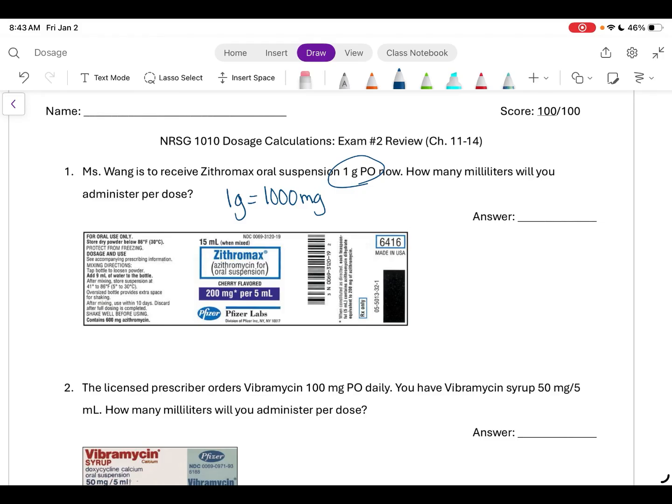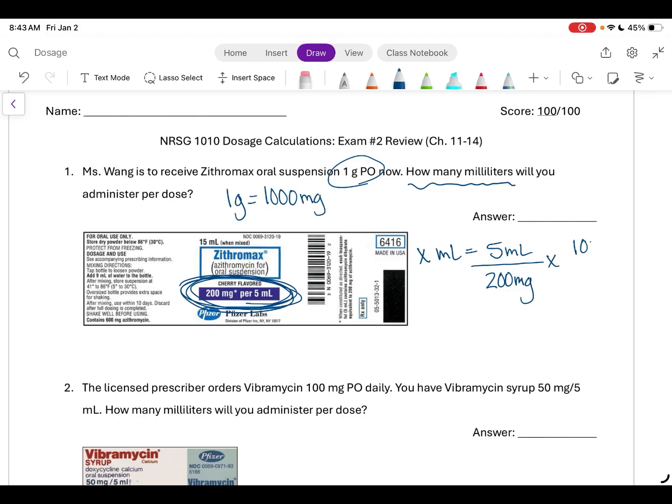I'm going to use the concentration on the label that's telling me there's 200 milligrams in every 5 milliliters. I'm going to start with XML, because I always start with what I need to look for. I'm going to take my concentration and just write it upside down. So 5 milliliters, 200 milligrams.